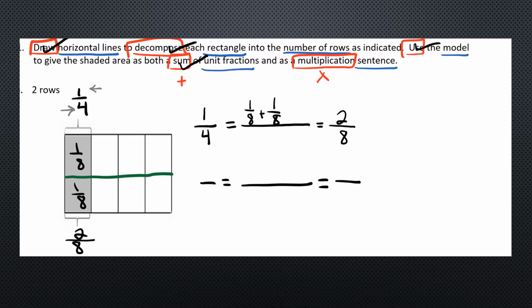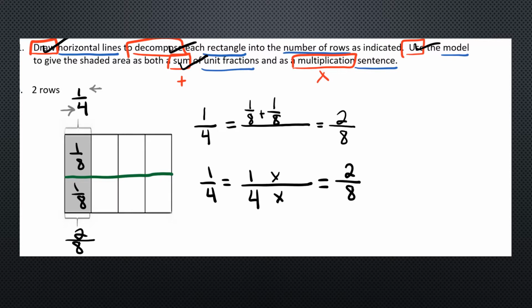At the beginning of my story, I started with 1/4, and at the end of my story, I ended with 2/8. So I can bounce around and fill in what I know. I know that I started with 1/4, and it wants me to multiply 1/4 by something. It told me to use multiplication to get to the 2/8 at the end.